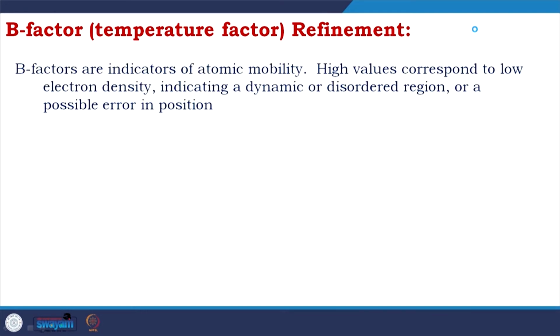Coming to B factor or temperature factor refinement, B factors are indicators of atomic mobility. High values correspond to low electron density, indicating a dynamic or disordered region or a possible error in position. Now, as in macromolecular or protein crystallography, we are dealing with a lot of things.